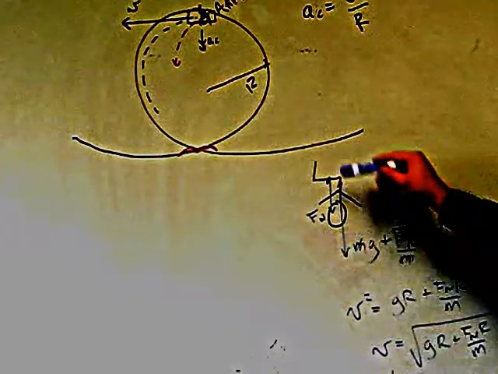As v goes down, eventually you'll get to the point where FN is 0. And then if v gets even smaller than that, this just doesn't work anymore, and that's when you fall out. But if you're going faster, then you're good. You just also have some normal force that assists in supplying this centripetal acceleration.